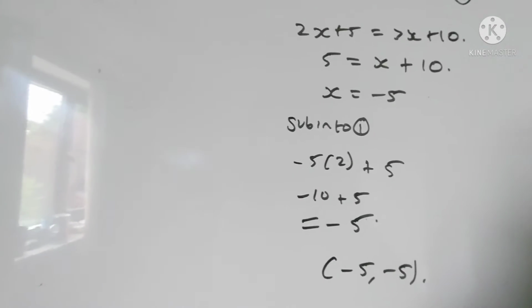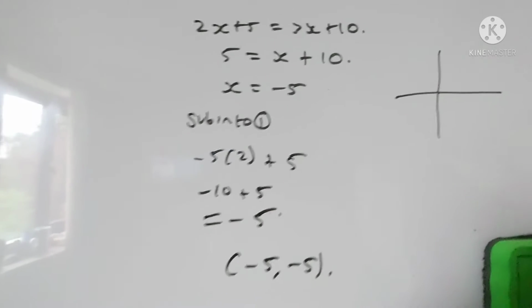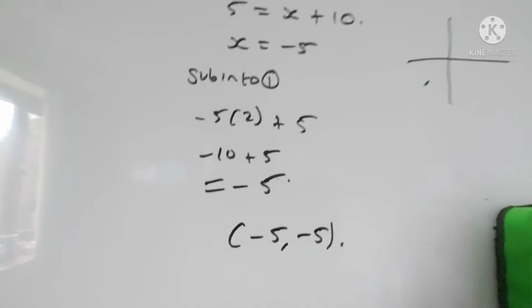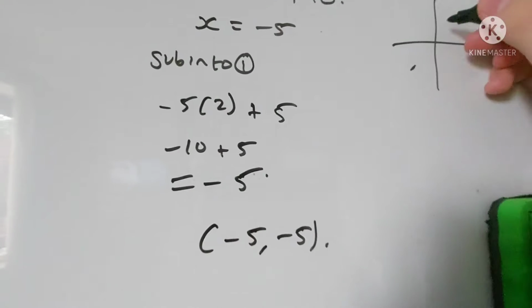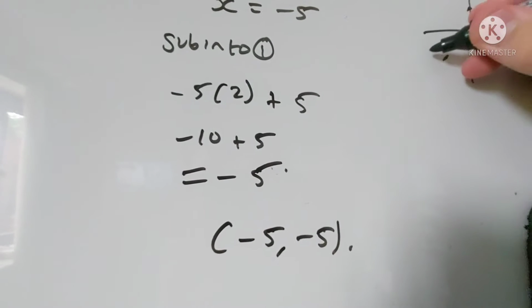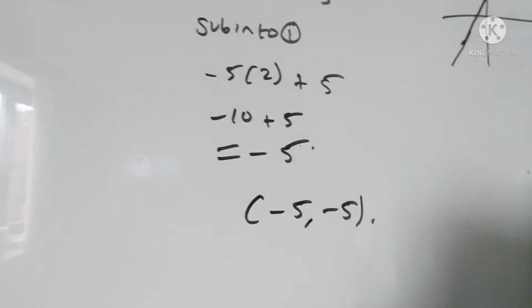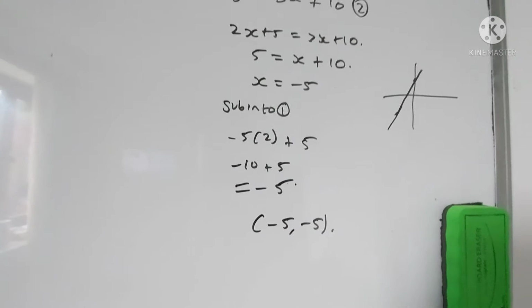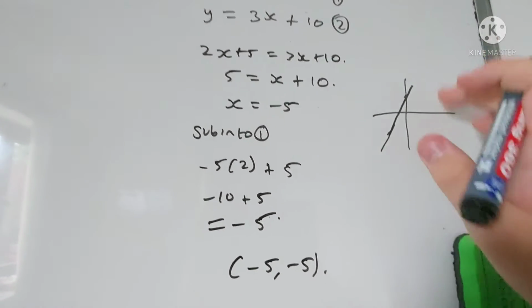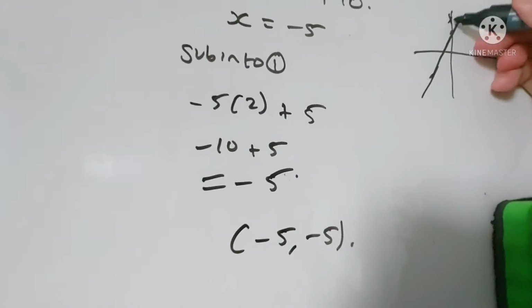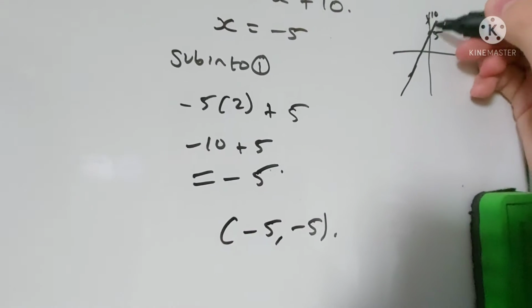So if I draw a pair of axes, and minus 5, so they intersect here. Got one with a positive gradient of 2, so something that looks like that maybe. And then we've got another line with gradient 3, but also goes through 10.